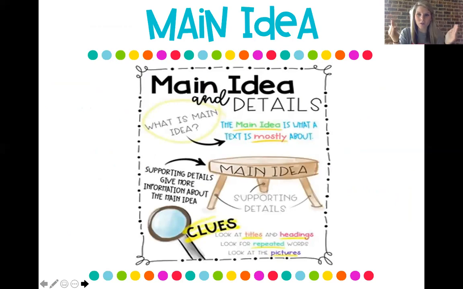We're focusing on the whole entire text, not just one part, not just one detail or what's mentioned in each paragraph, but what the whole text is about. We use this visual of a stool, with the top that you sit on being the main idea, or what the whole entire story is about, and then those three legs that the stool sits on being supporting details that give you more information about the main idea.